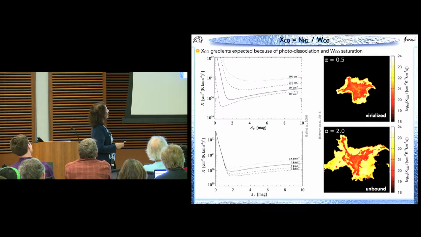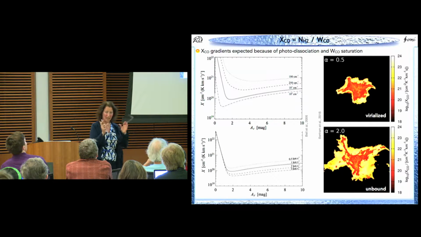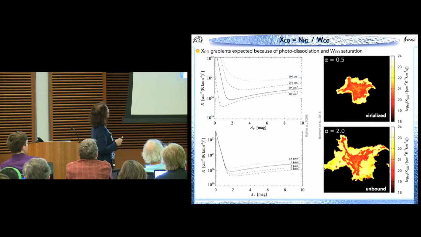Anyway, so let me turn to CO now, to the infamous XCO ratio. For the gamma ray people, it's NH2 divided by the integral line width, WCO. It's not the alpha that other people are using.